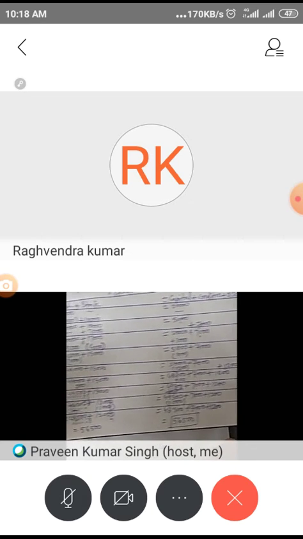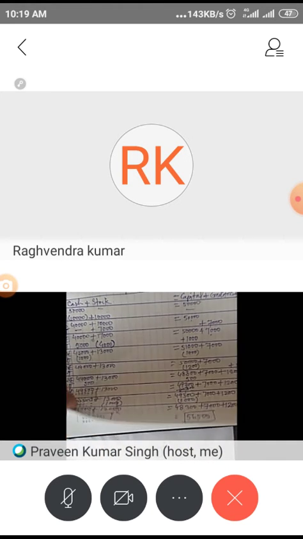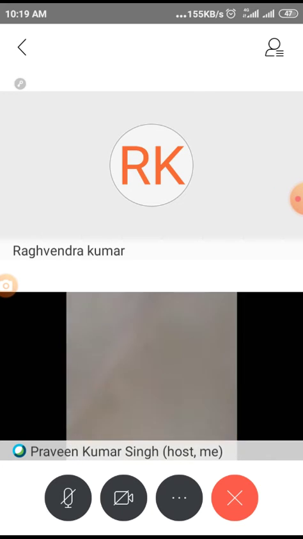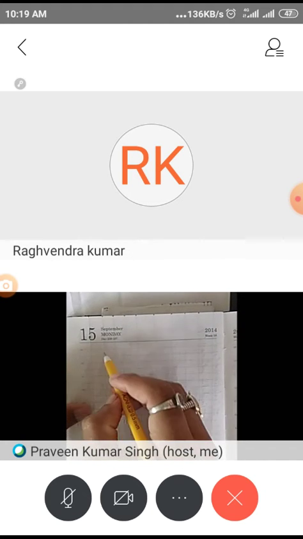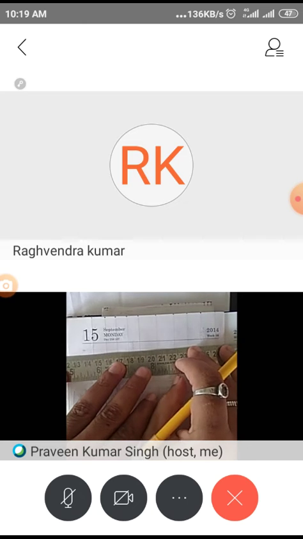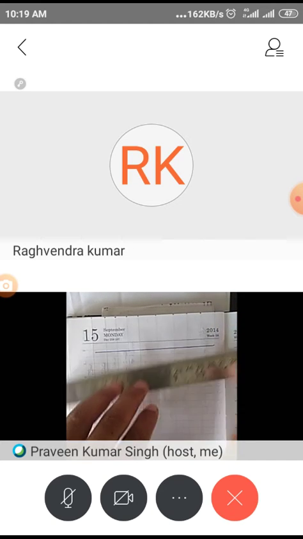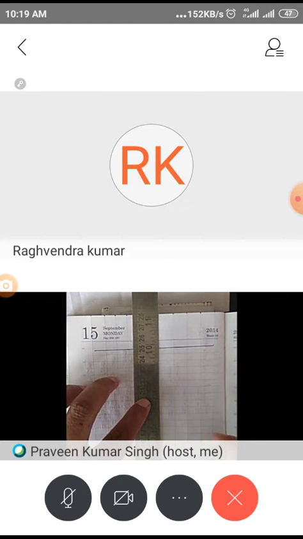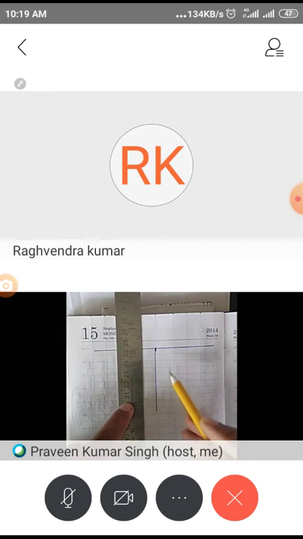Now we will prepare the balance sheet from the accounting equation. So let us see how we will prepare the balance sheet from the accounting equation. On the next page I will draw the format of the balance sheet, and it will take only 1 or 2 minutes, and our class will finish.